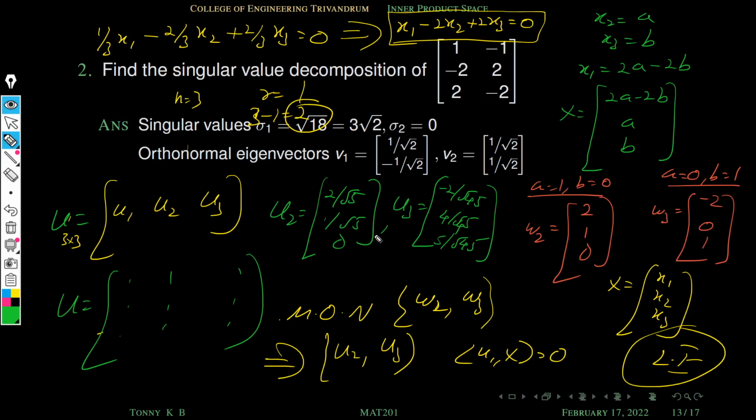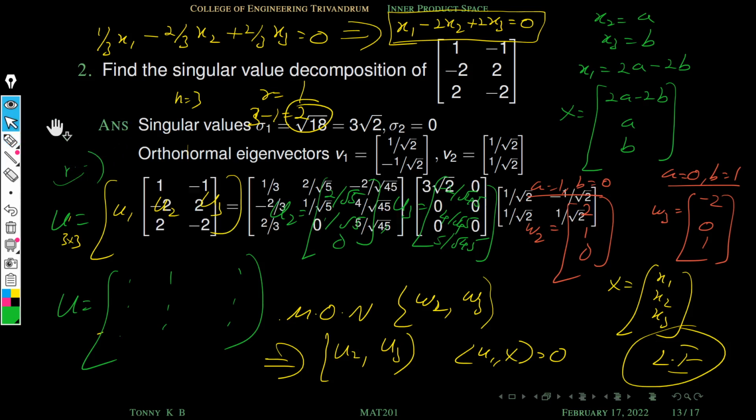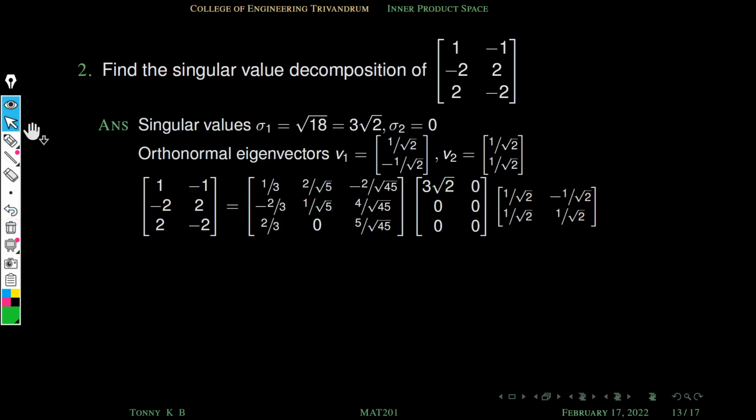This is the method of extending an r element set to an m element set in such a way that the new set, u1, u2, u3, forms an orthonormal basis for R3. Actually, the columns of U form an orthonormal basis for R3. So this is the singular value decomposition: this is our U, this is our sigma, and this is our V transpose.